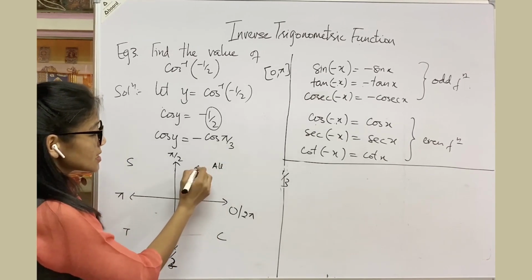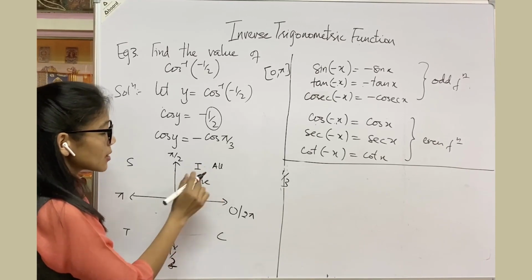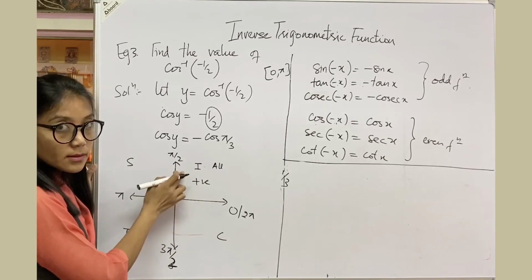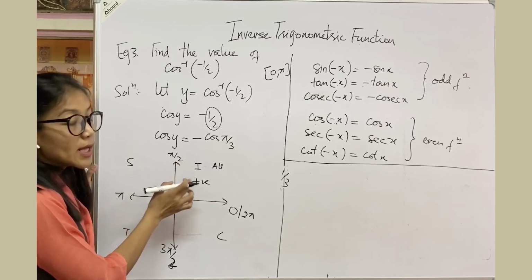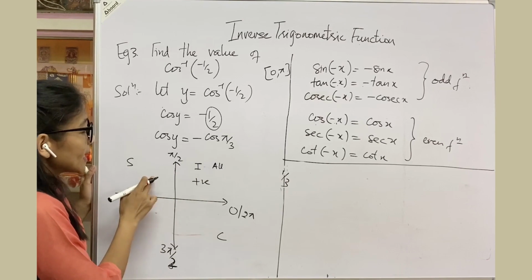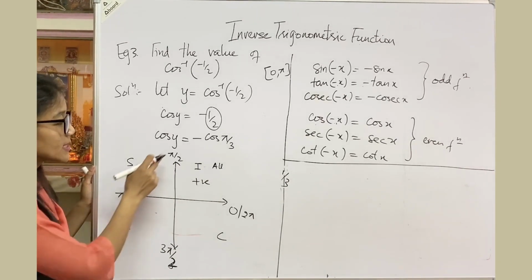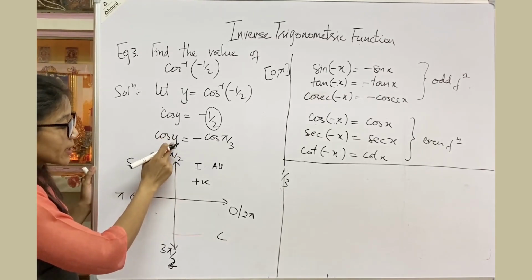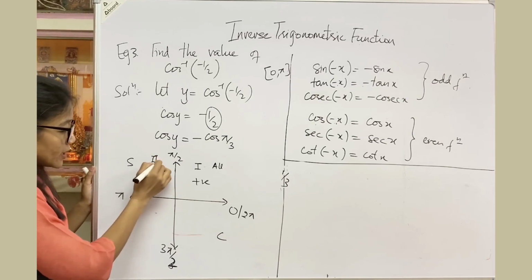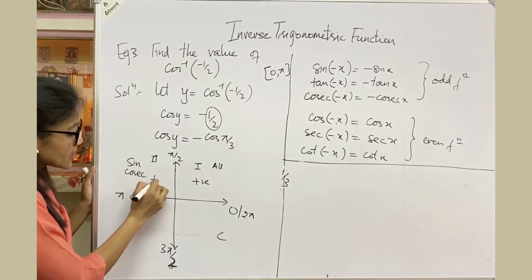In the first quadrant, all the 6 trigonometric ratios are positive. So if your angle is 0 to 90, first quadrant means 0 to pi by 2, within this, all the 6 trigonometric ratios will be positive. In the second quadrant, when the angle is pi by 2 to pi, sine and its reciprocal cosec are positive.